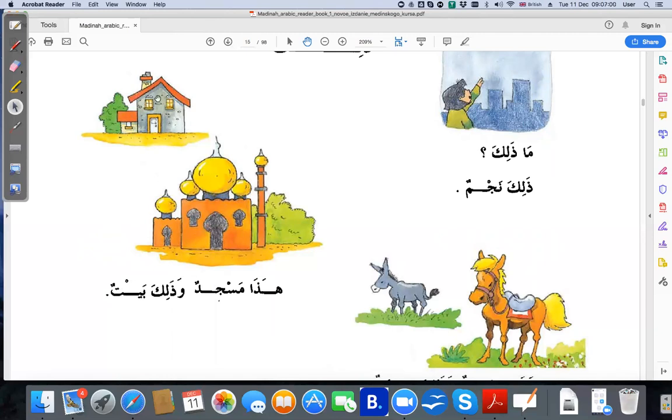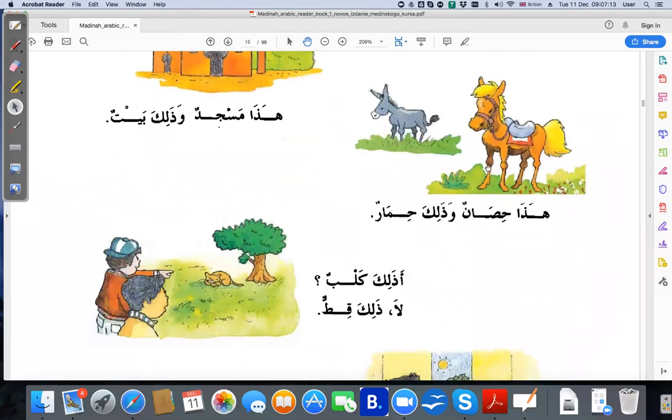So we use هذا for masjid because it's close to us, and we use ذلك for بيت which is far. Same with the two animals. هذا حصان. This is a horse. And ذلك حمار, and that is a donkey.